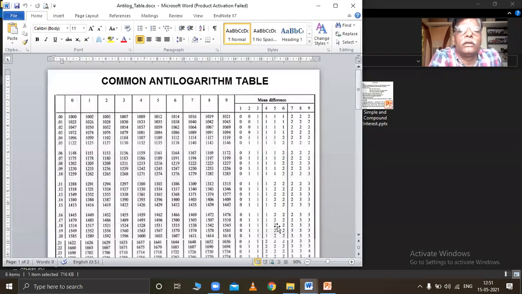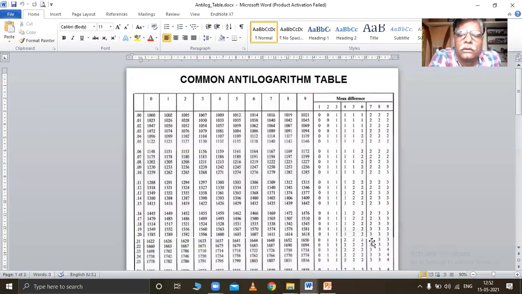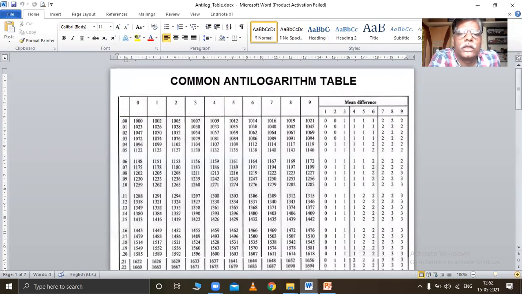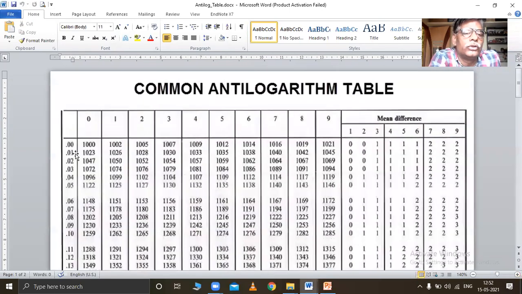In the anti-log table, what is your point? 0.1. Where is 0.1? You see in this table, 0.1, 0.01 is here. Then you see the second column, which is 1028.